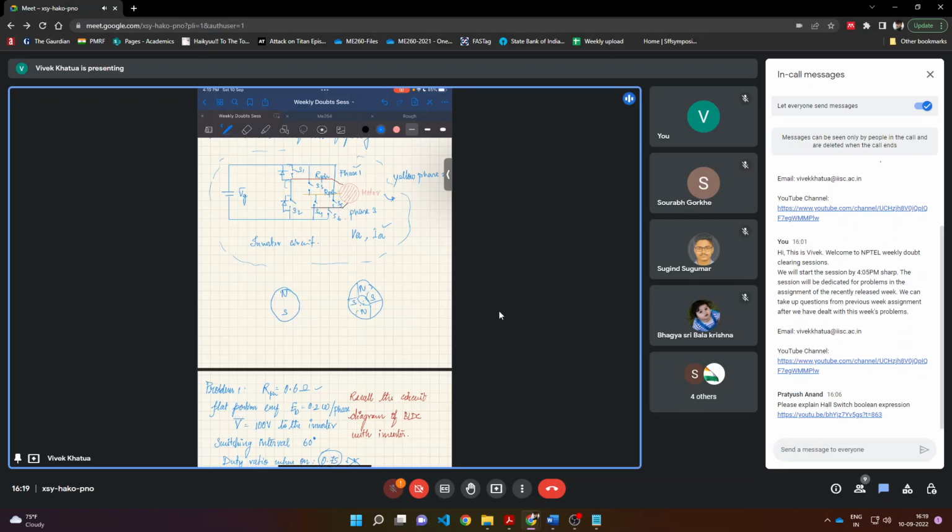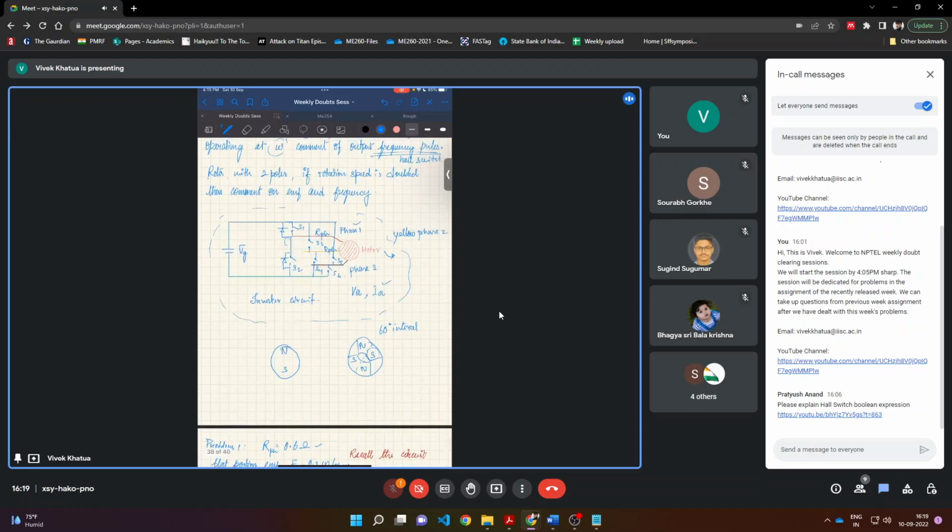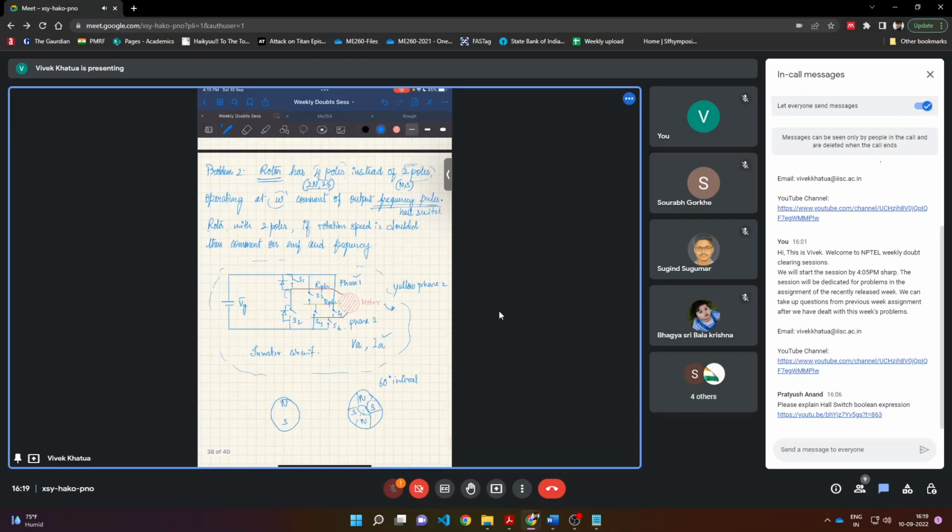Based on this, you can see that at every 60-degree interval, there is a south pole that comes in. So my switching frequency will also double when the number of alternating poles doubles. Why is that?